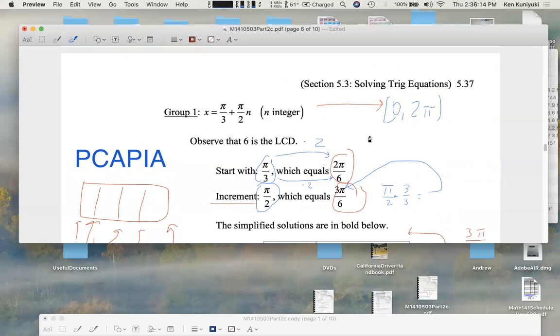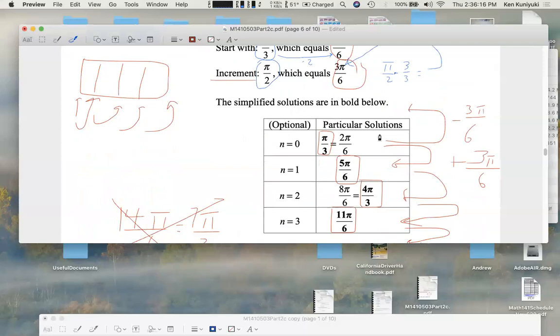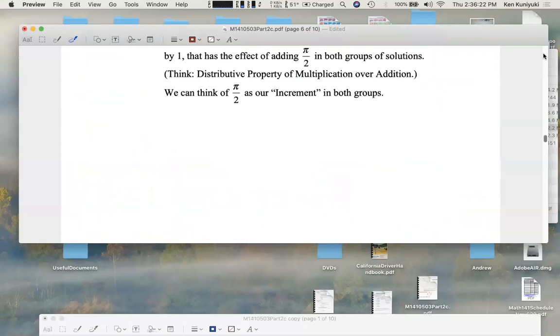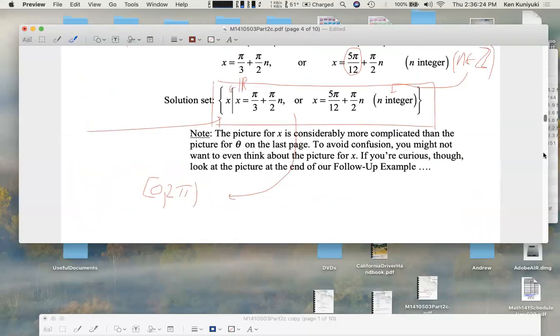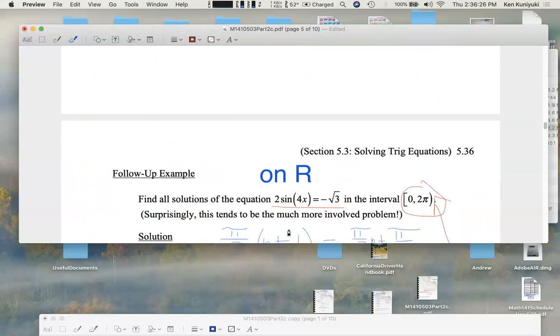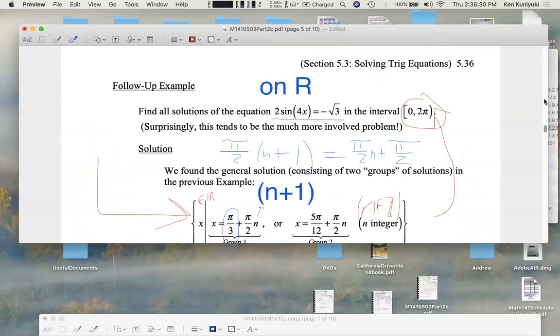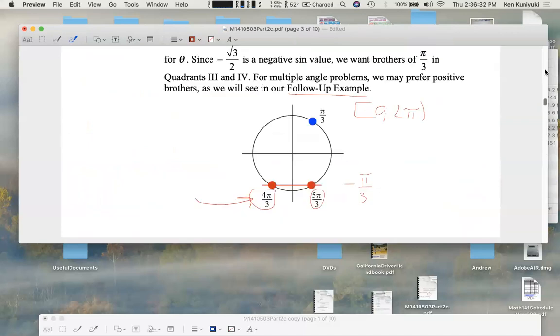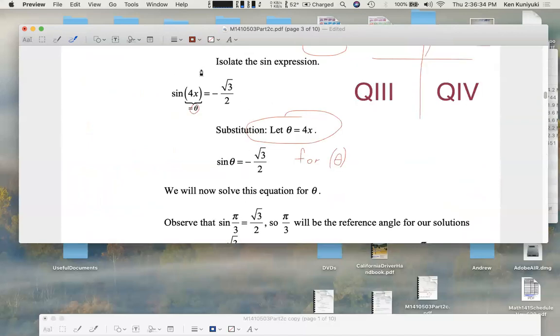All right. Now you might be asking, the fact that we have 4 solutions in here, is that a coincidence? Well, not quite. Remember, in the original equation, we had 2 sine of 4x equals negative root 3. Or you can look at it this way. We're looking at this equivalent equation, sine of 4x equals negative root 3 over 2.